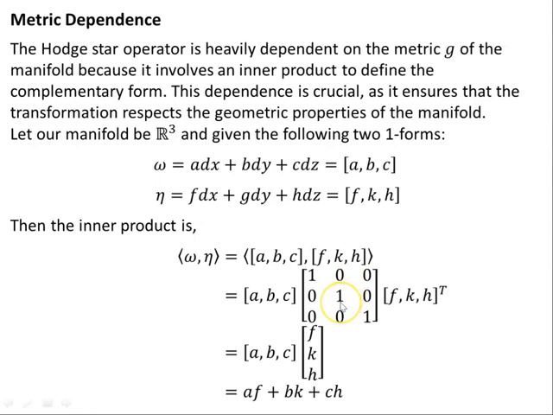That's how you conduct the inner product. So just be aware, this is the metric here, then the transpose of the other row vector. When we perform this contraction, this inner product, we end up with af plus bg plus ch. All of this is a scalar: scalars multiplied together and then summed.